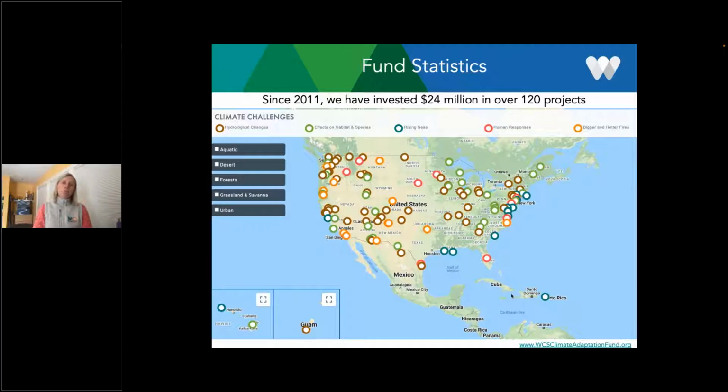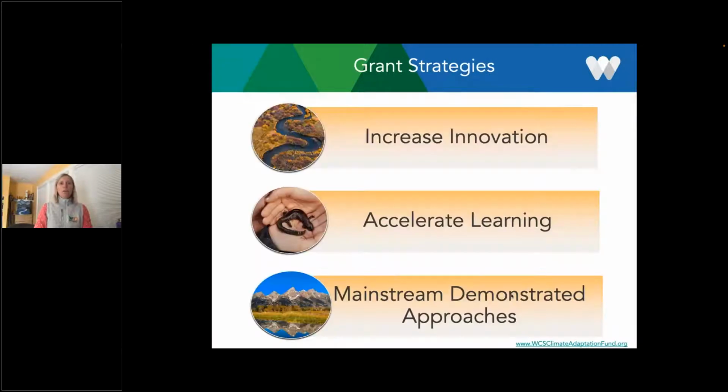In doing so, we really decided to double down on the aspects of monitoring and evaluation within climate change adaptation projects in the US. And we're doing that by implementing 3 main grant-making strategies. A big priority for our program is to increase and advance innovation within the space of adaptation for conservation projects.